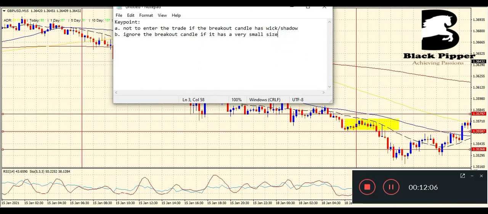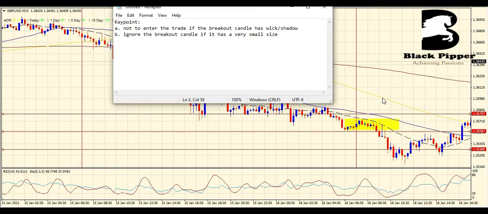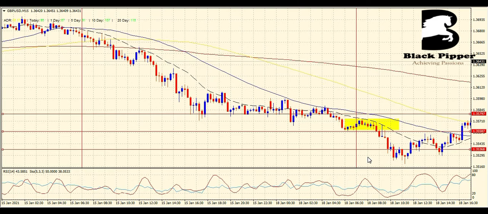If the breakout had occurred on this candle or this kind of candle, I would simply ignore the breakout, because this shows there is no interest of either buyers or sellers in the market. So you can ignore this kind of entry signal.